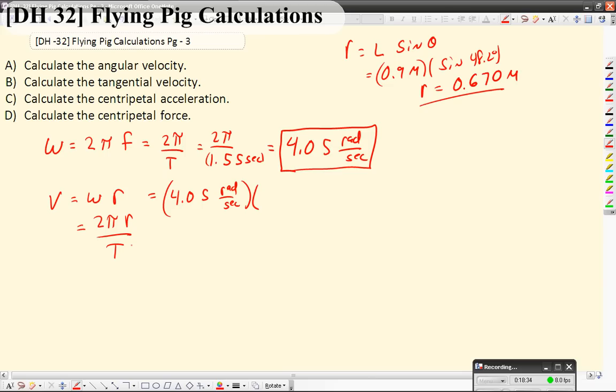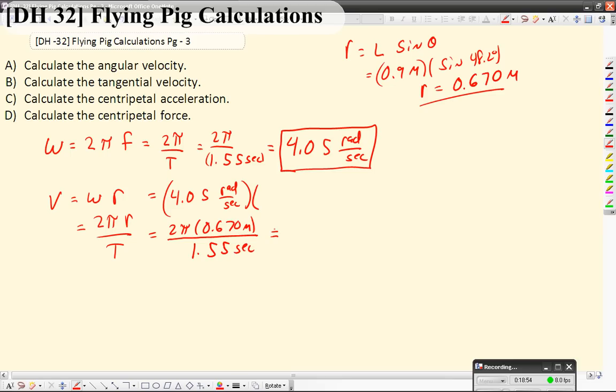So when I plug that in here, 2 pi times 0.670 meters divided by the period. I know I switched over to the T, but the period is 1.55 seconds.